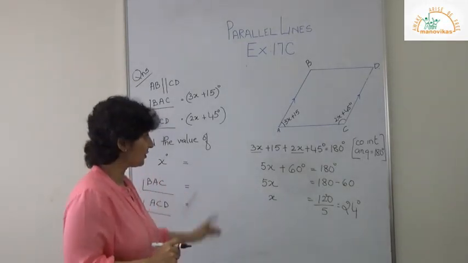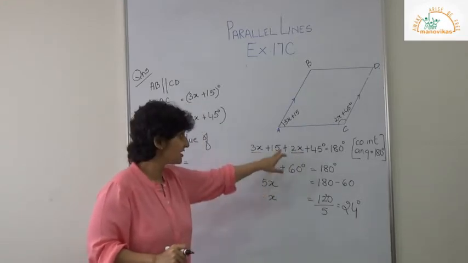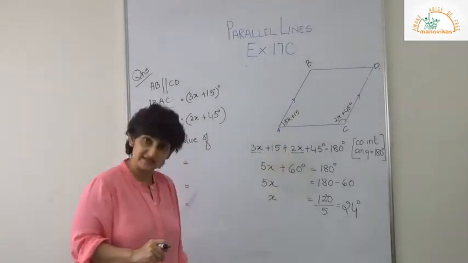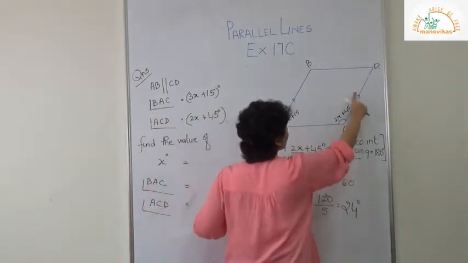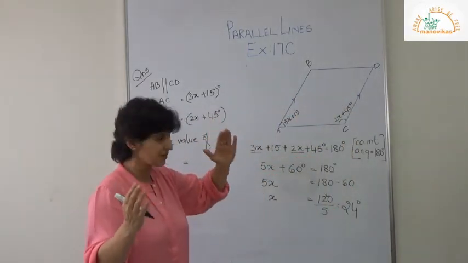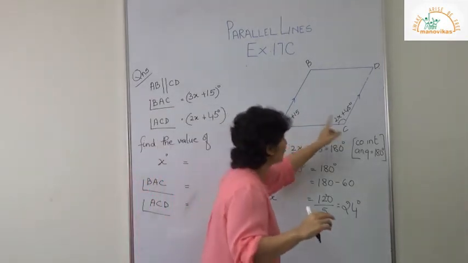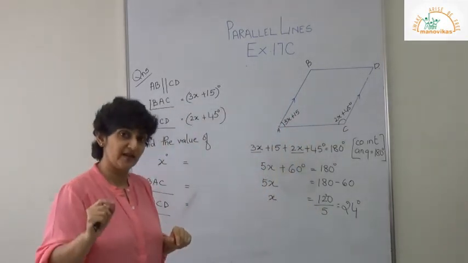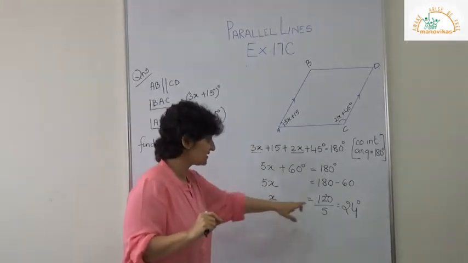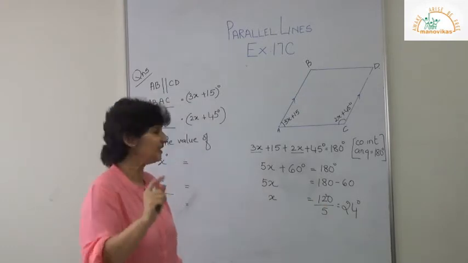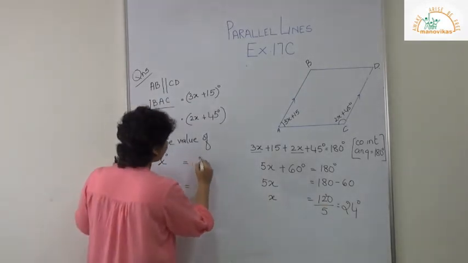So did you understand children, or you got your x? 3x plus 2x is equal to 5x. 45 plus 15 is 60, which is equal to 180. I've told you, whenever you see them in a quadrilateral or in a parallelogram shape, when two angles are adjacent, they are always co-interior. So with that, x is equal to, I found out as 24 degrees. Now I only found out the value of x.